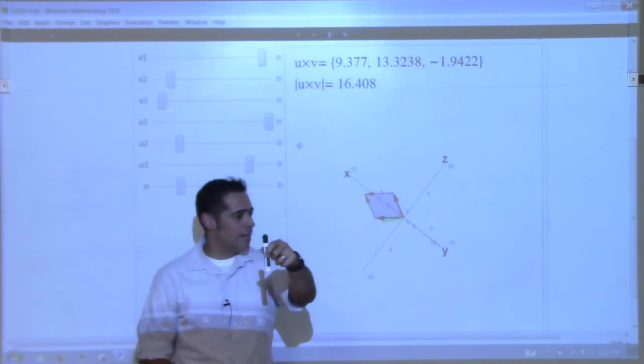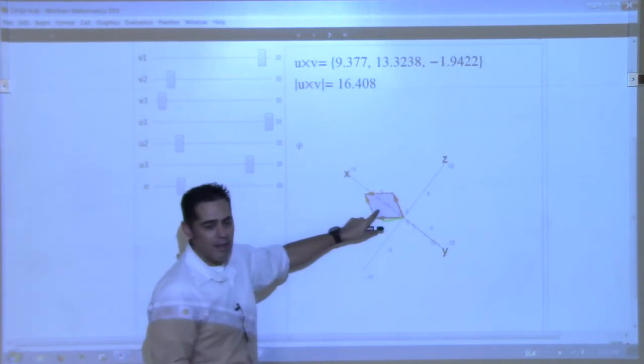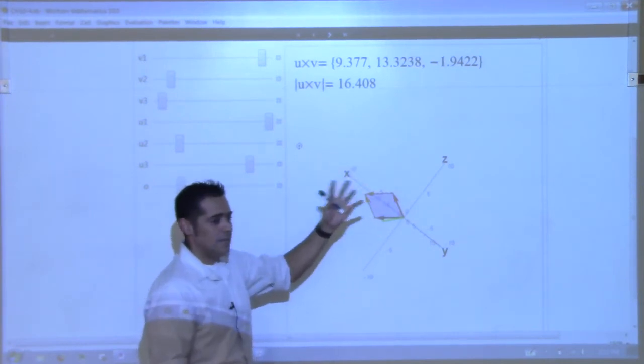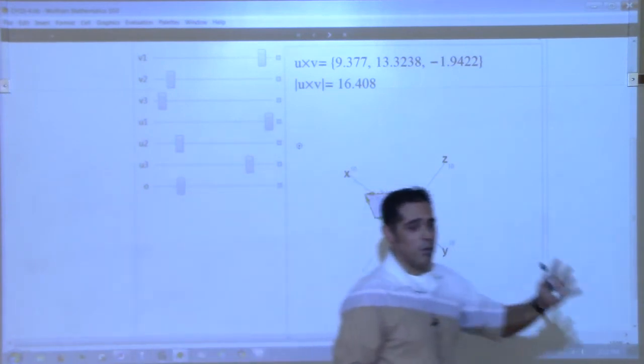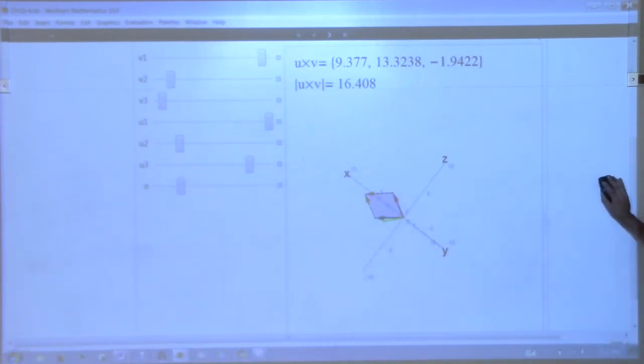How long that vector is, is equivalent to the area of that. That doesn't seem like it would be, but that's what it is. So watch what happens. I didn't tell you what the green vector was. That's the cross product vector. So what I'm going to do is try and shrink one of these vectors down.